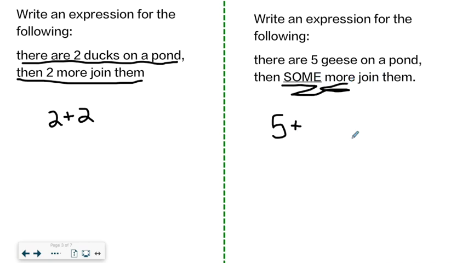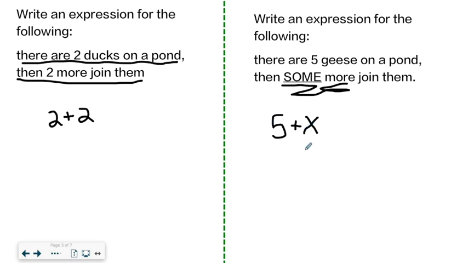Well, we don't know how many join them, so we're going to use a placeholder, and that placeholder is those variables that we talked about. A variable is just a placeholder for a value that we don't know what it is. So this is going to be 5 because we have 5 geese plus x number of geese. We don't know how many geese that is, but we just need to have x there to represent that something was added to those 5, right?